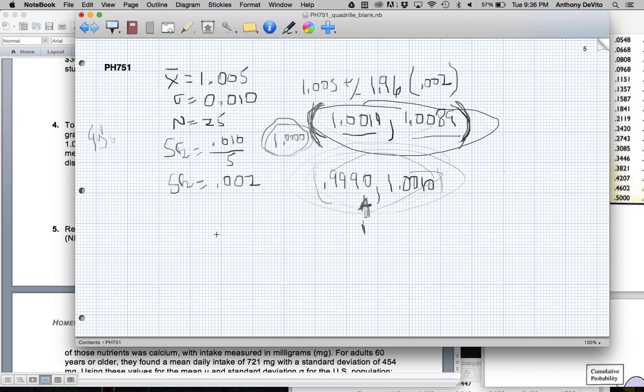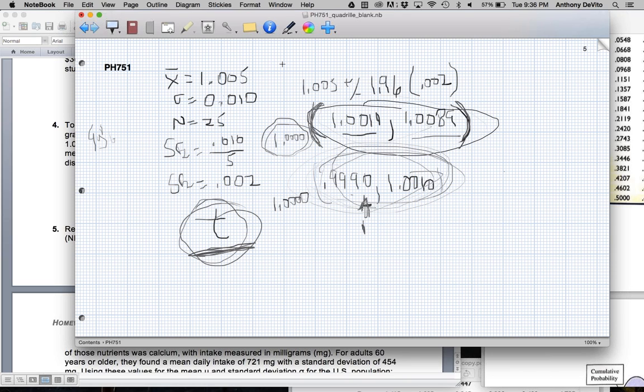So in a sense, this is kind of like doing a t-test that we started to do this week. In reality, statisticians can kind of do this because there's only a single sample, and we're comparing it to a fixed value of 1.000. So it works very similar to the way that our t-test would work.